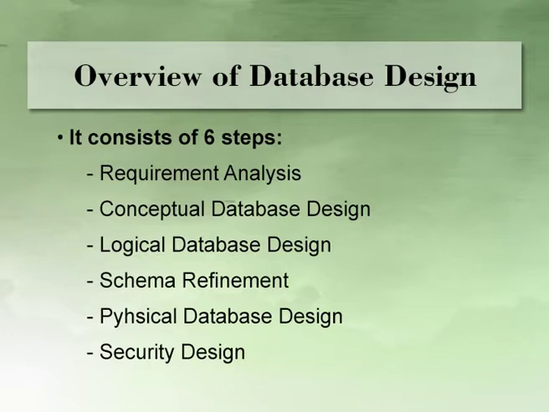The first step is requirement analysis, then conceptual database design, logical database design (schema), physical database design, and security design. These are the prominent 6 steps one needs to follow in order to design a very good database for any organization. Let us see, one by one, what the tasks are in each step.